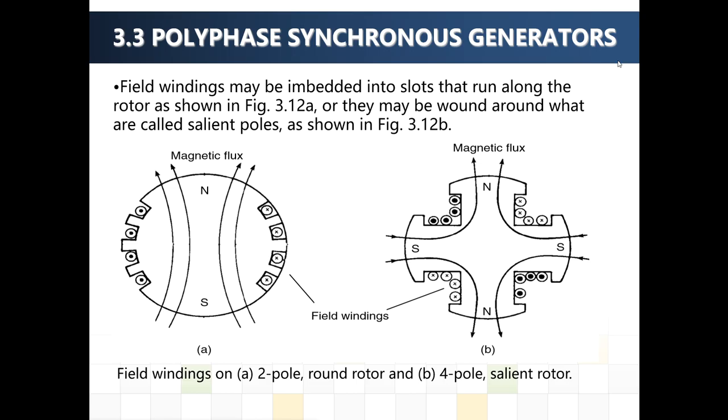Field windings may be embedded into slots that run along the rotors. The salient pole rotors are shown in figure 3.12b. This is a round rotor, and this is a salient pole rotor.